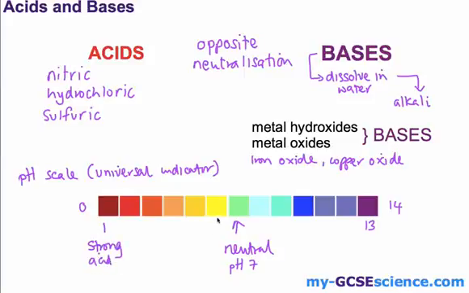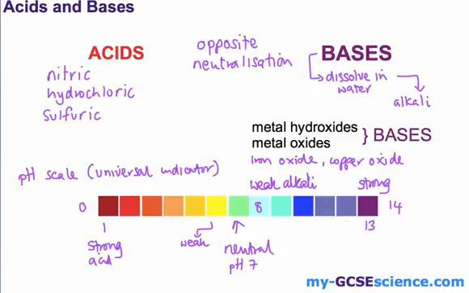At the end, or the side nearer neutral, this would be a weak acid. pH 8 over here, just after the 7, that's a weak alkali. And right down the end here, this is a strong alkali. Okay, so this is how you use the scale. You can identify how acidic or alkaline something is, and in fact also how strongly acidic or alkaline it is.